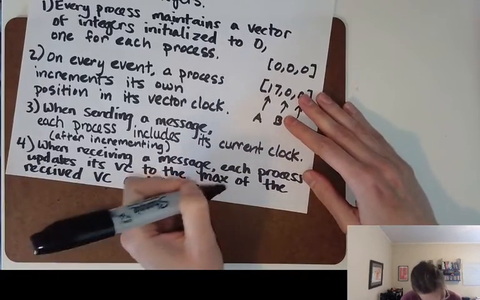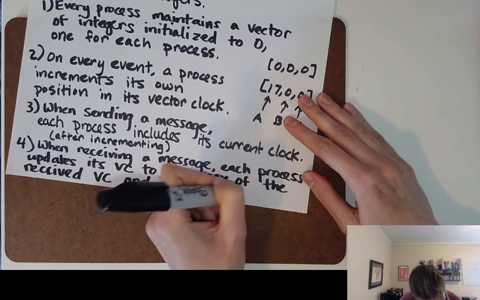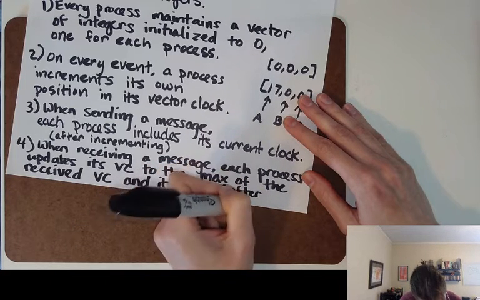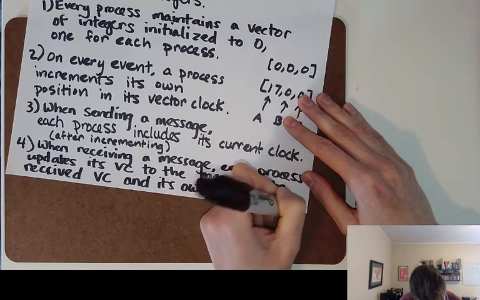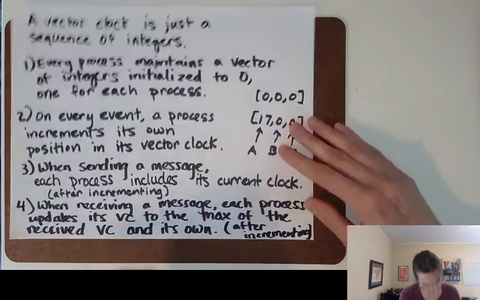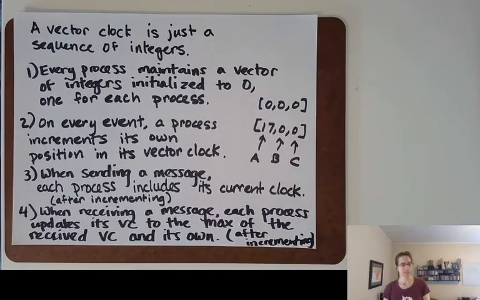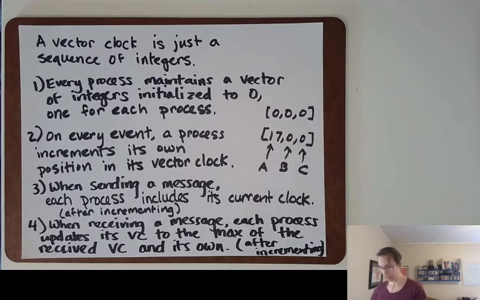And this is also after incrementing, because a receive is an event also. So those are the rules on one page.